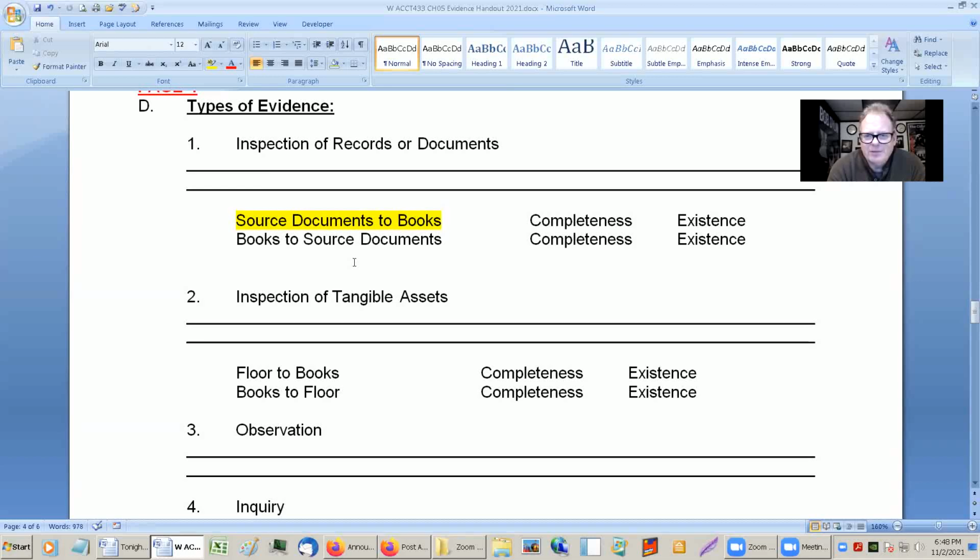Oh, come on. Existence. Actually, it's going to be completeness. You're going to see if they have recorded everything that they shipped. If they shipped something and didn't record it, for whatever reason, maybe they don't want to pay taxes or whatever. So this will be for completeness.